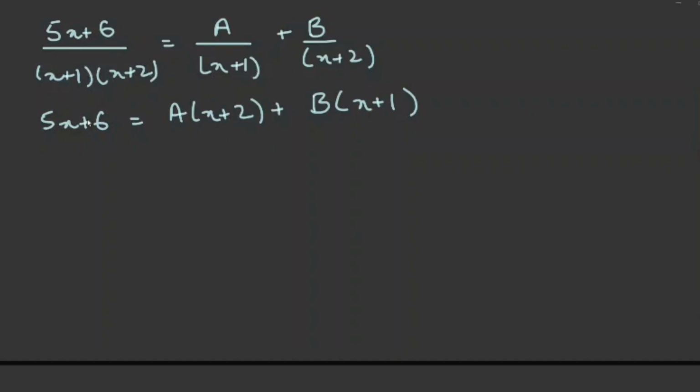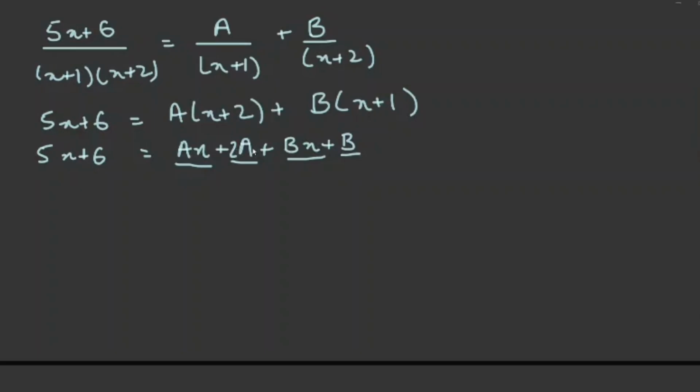So now let's solve this. Let's simplify this. This we would just write like that, and here we would open the brackets, Ax plus 2A plus Bx plus B. Now what you have to do is separate out the values which have different powers of x. So here we have x power 1, these both have x power 1, and these both have x power 0.